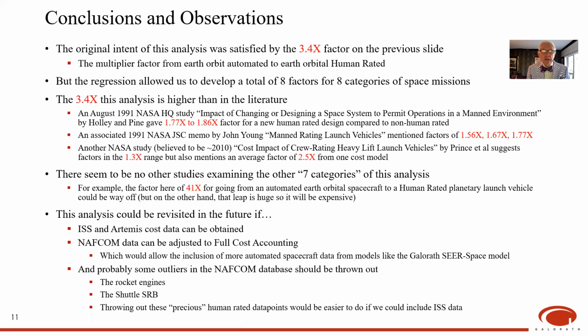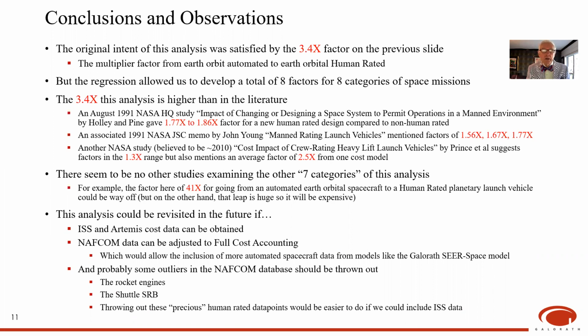There's another NASA study out there, I believe about 2010, called Cost Impact of Crew Rating Heavy Lift Launch Vehicles by Andy Prince and others, which suggests a factor in the 1.3 range. But that study also mentions an average factor of 2.5 from going from what they called at that time unmanned spacecraft to human-rated spacecraft, 2.5 from one model that was cited there.